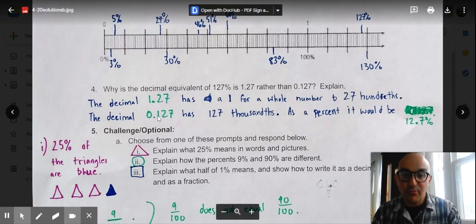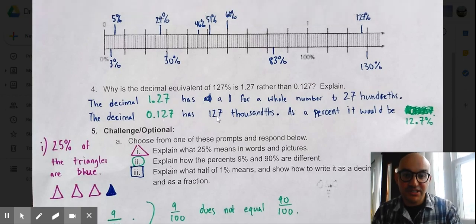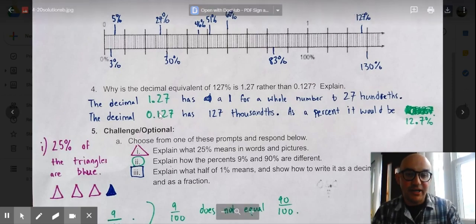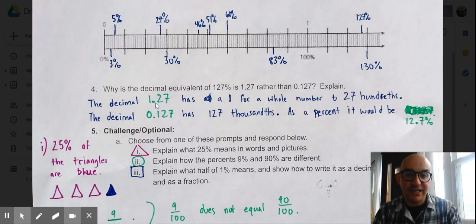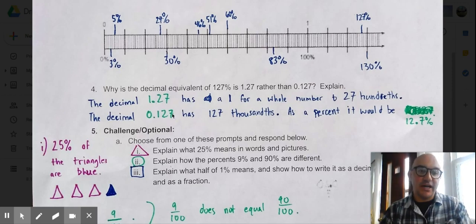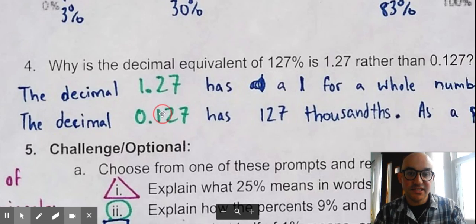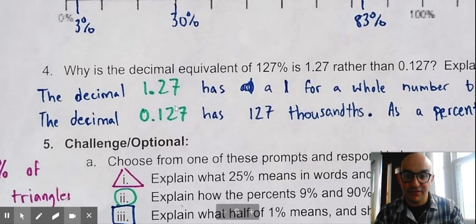The decimal 0.127 has 127 thousandths, or you could say it has 1 tenth, 2 hundredths, and 7 thousandths. This is just off by an order of magnitude, multiply by 10 and we move there. The difference is pretty straightforward: 0.127 is 10 times less than 1.27.